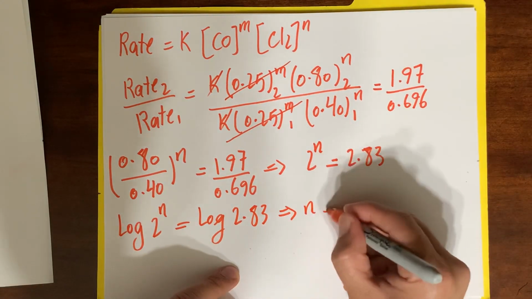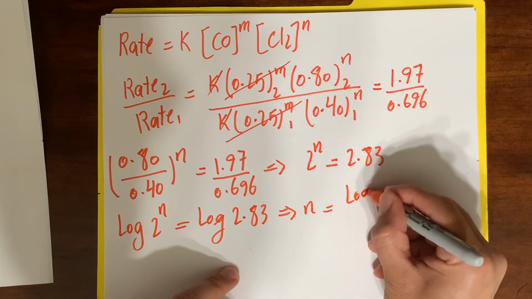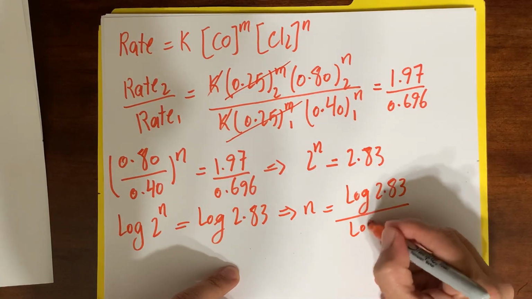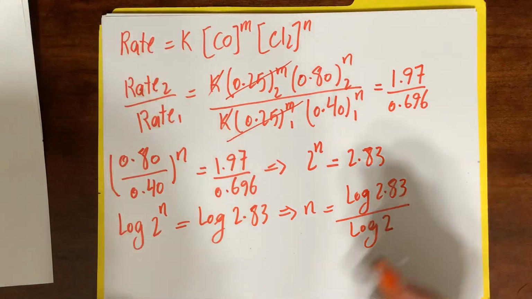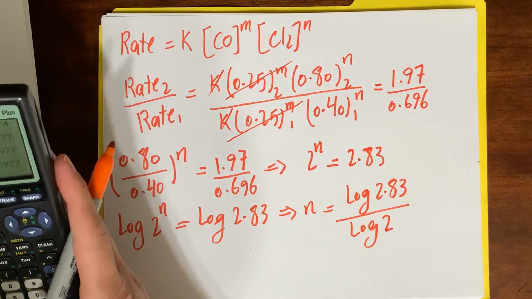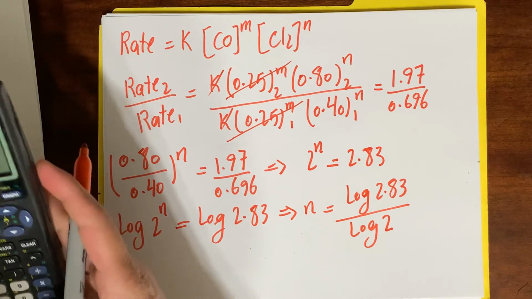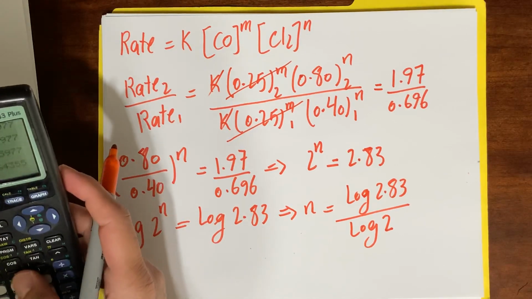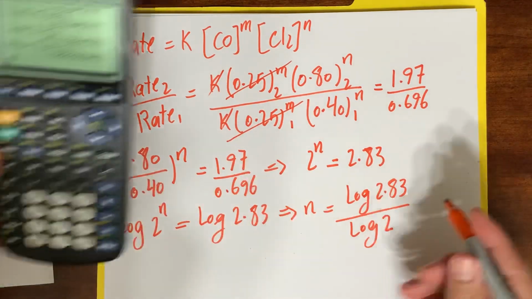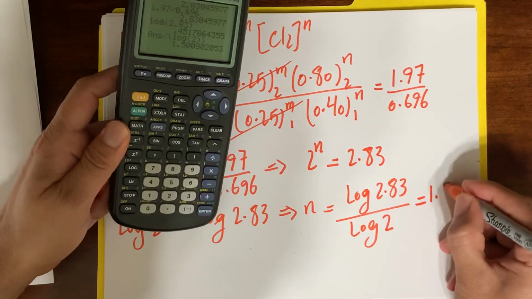So N will be equal to log of 2.83 divided by log of 2. And the answer is 1.5.